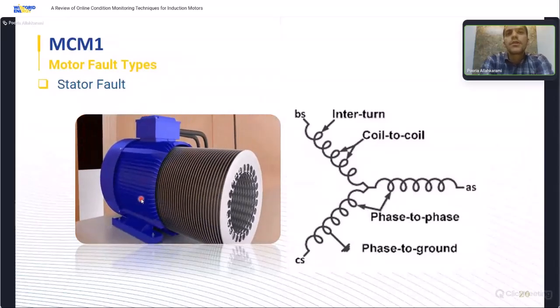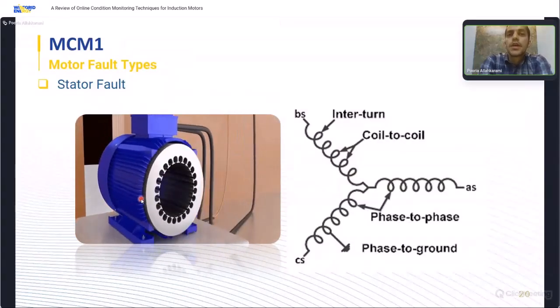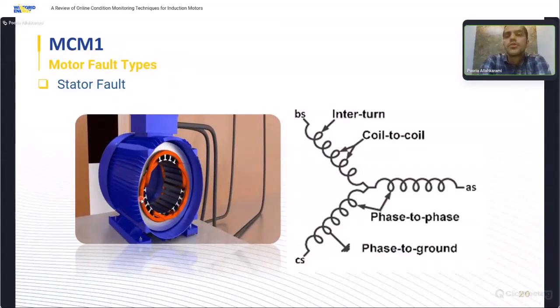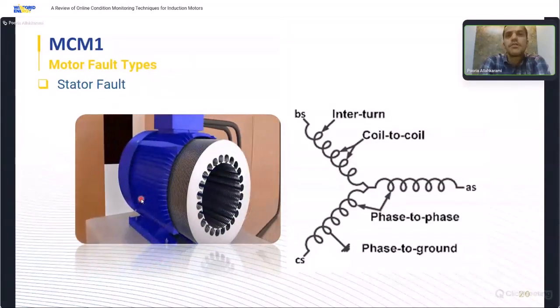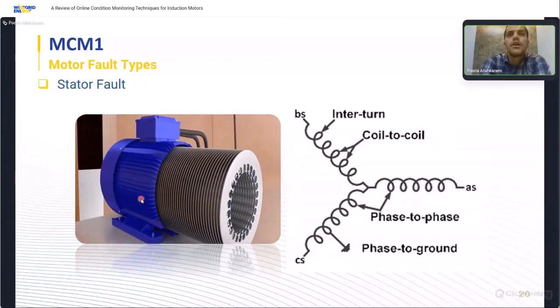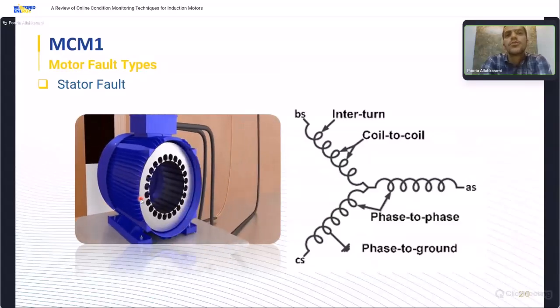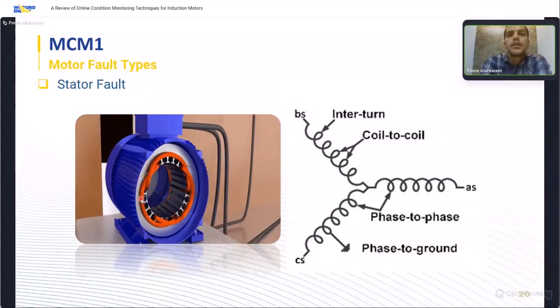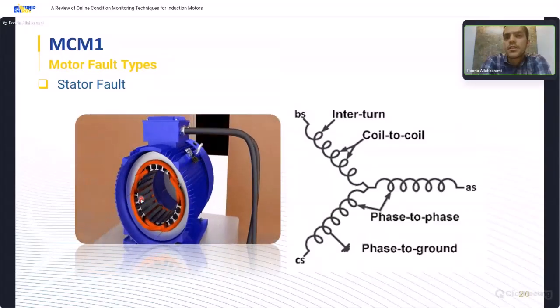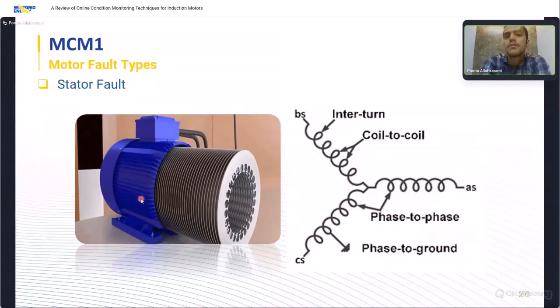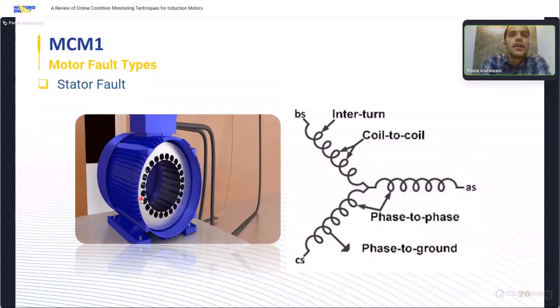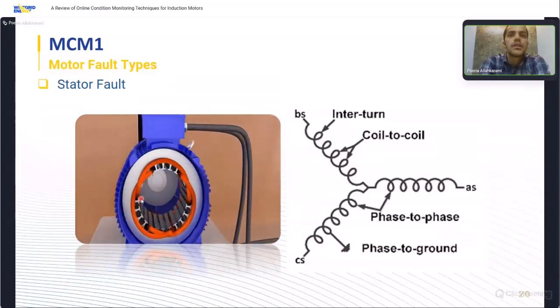The next fault that can happen in an induction motor relates to the stator winding. As discussed earlier, every motor has the stator core and the windings. The windings are the conductors which are placed in the stator slots, and the insulation between the stator core and the windings is applied inside the stator core.